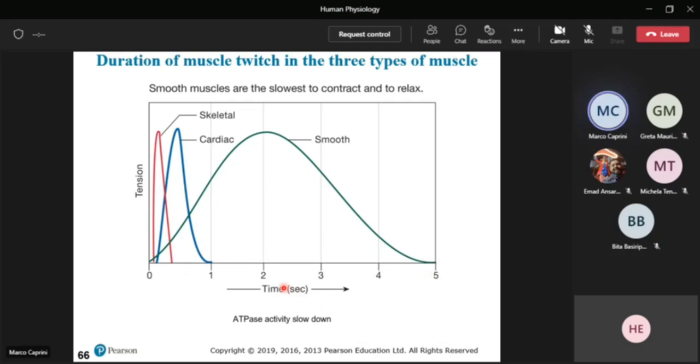So, smooth muscles are the slowest to contract and to relax. Smooth muscle contracts and relaxes much more slowly compared to the skeletal and also to the cardiac muscle.